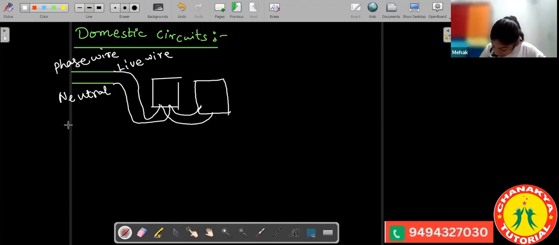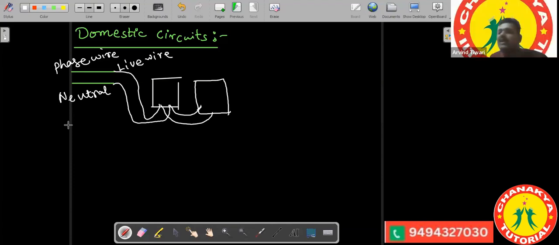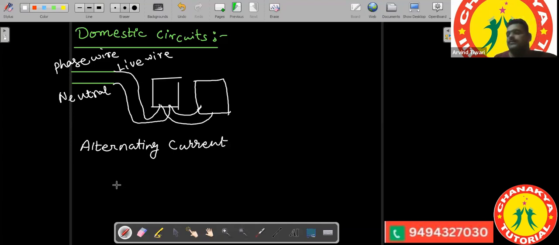Okay. The current that is supplied at our home is the AC current, alternating current. The current which is not at our home, that is the DC current, or direct current.